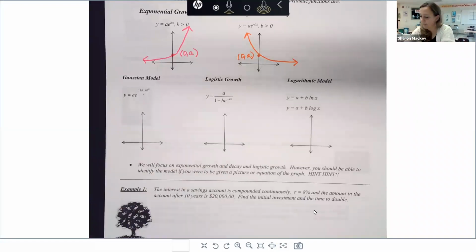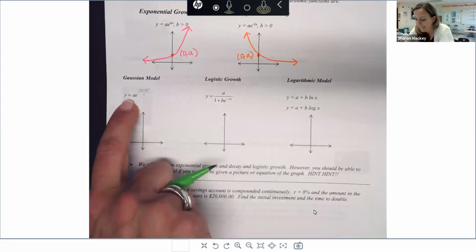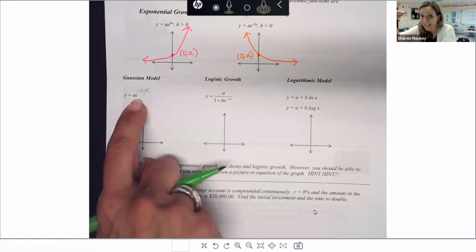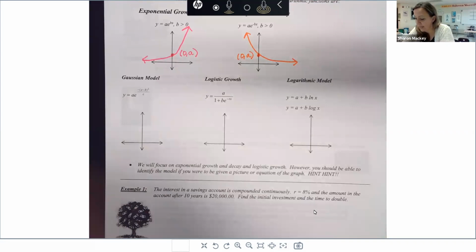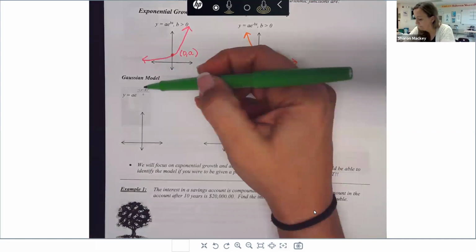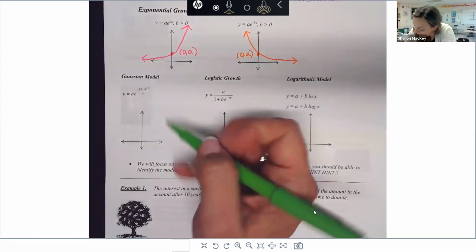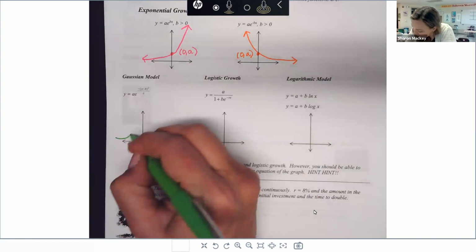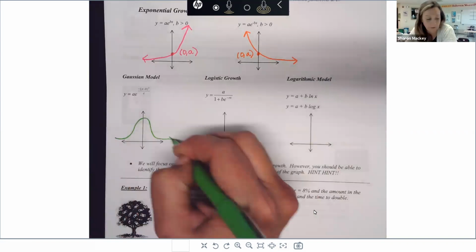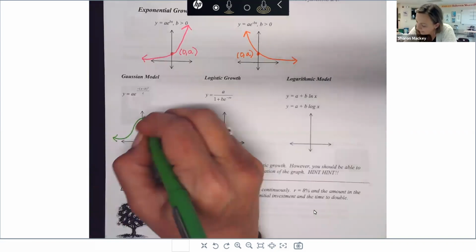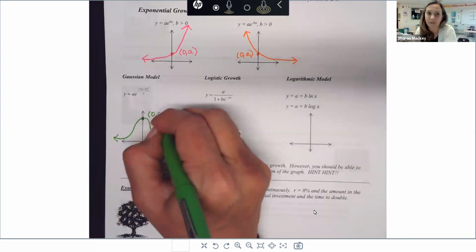So in the Gaussian model, we have a times e, and then the exponent is actually the opposite of the quantity (x minus b) squared, over c. And the graph in this case looks like a bell curve, okay? And again, the y-intercept is at (0, a).